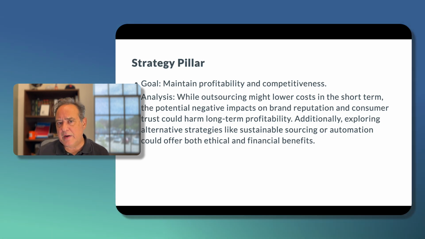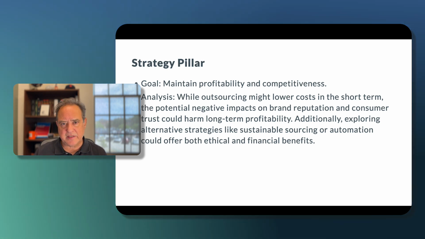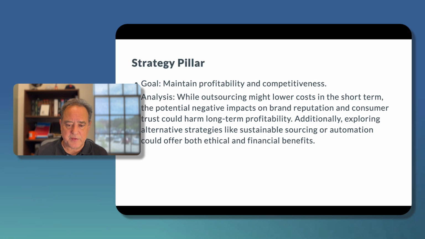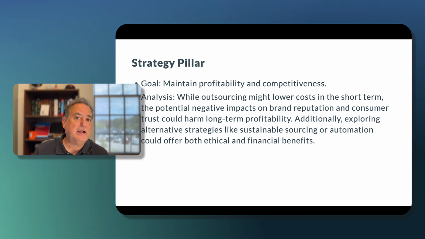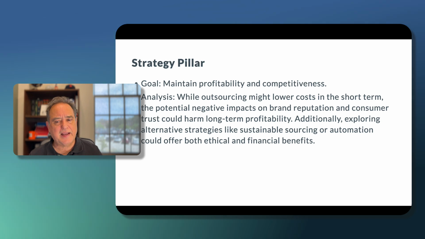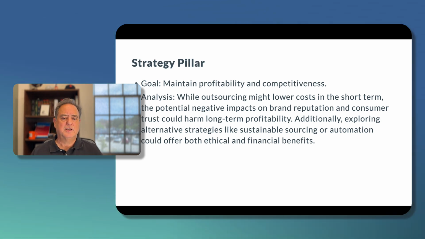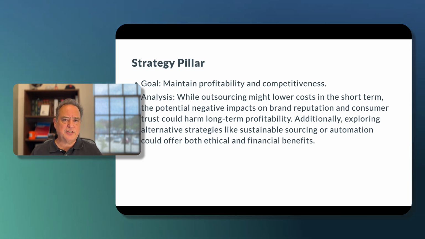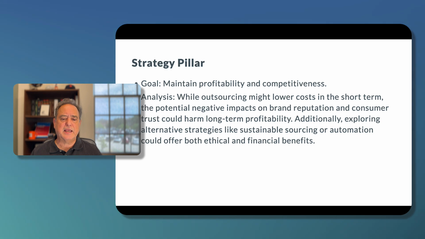And finally, alternative strategies, meaning ways to maintain profitability and competitiveness without outsourcing, could offer both ethical benefits but also financial benefits. So that's the analysis of the strategy decision, which is to say we want to maintain our profitability and competitiveness. And we see two ways that can be done.